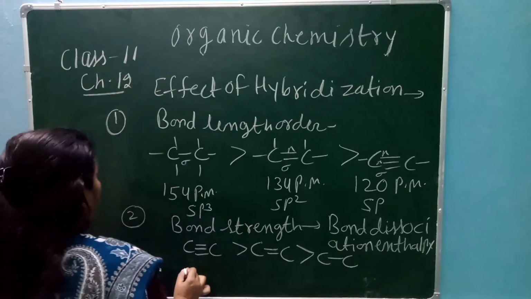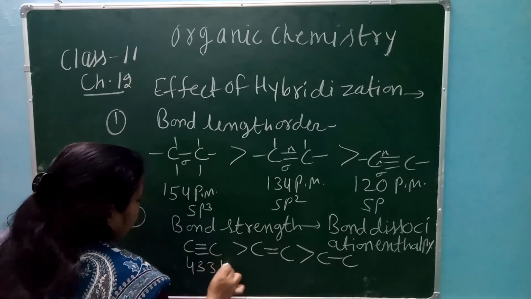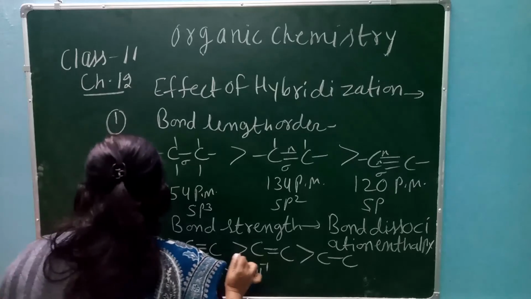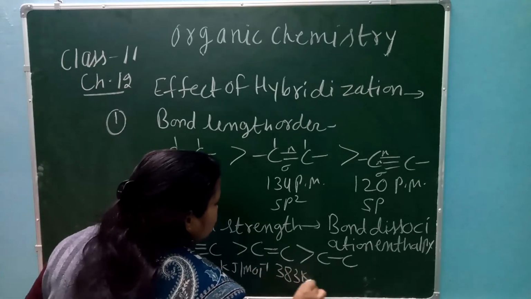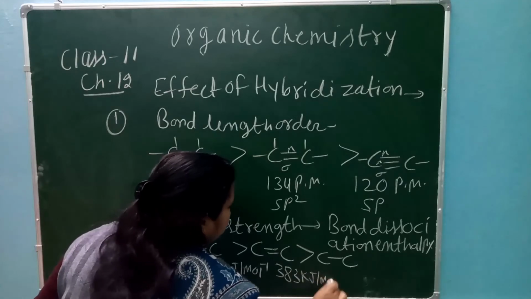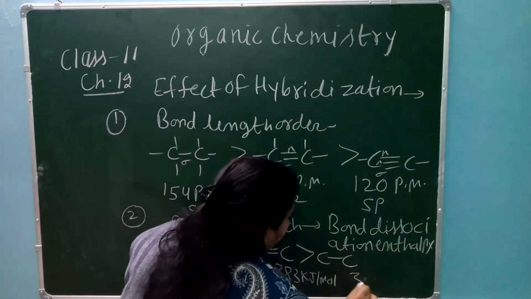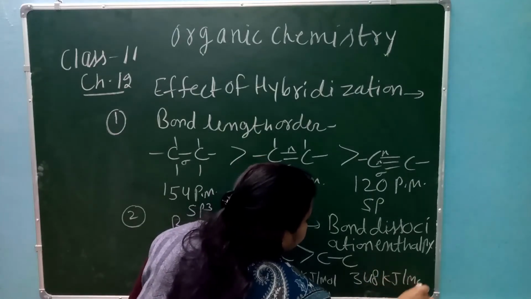So what is the bond strength? 433 kilojoule per mole for the triple bond, 383 kilojoule per mole for the double bond, and 348 kilojoule per mole for the carbon-carbon single bond.